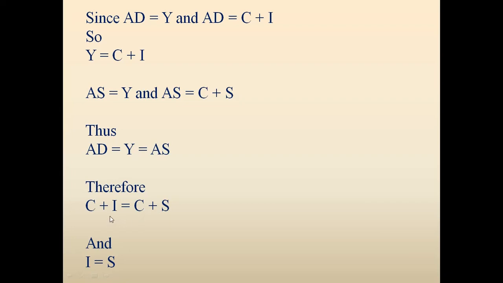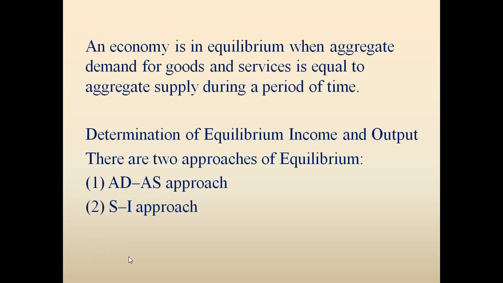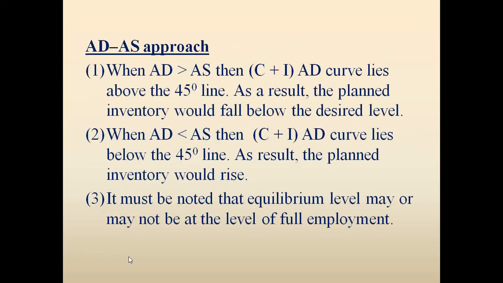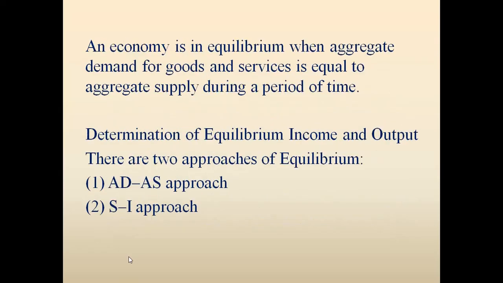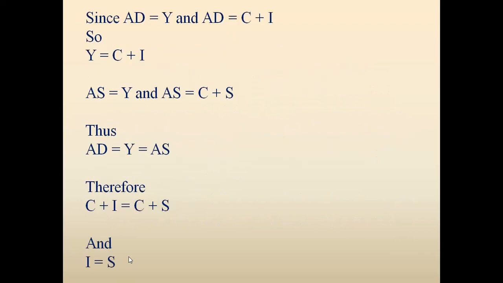If you pull this C out here, the sign of this C will be changed, it will be negative. So C minus C will be 0. So I is equal to S. So we can say that your investment is equal to saving. This is what you need to understand. Then we can move on to the equilibrium section. We will discuss this equilibrium in the next video.